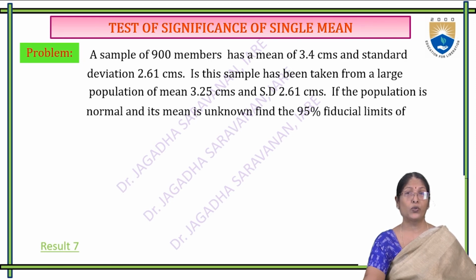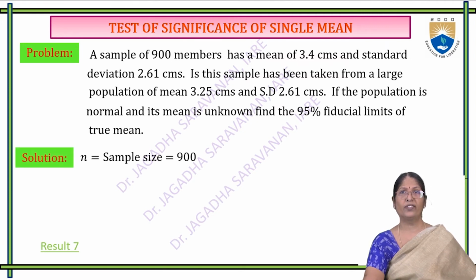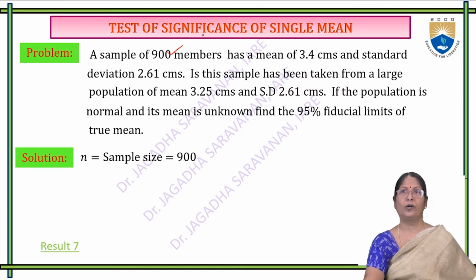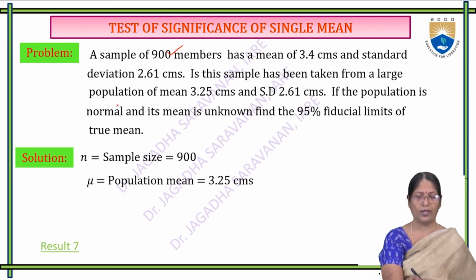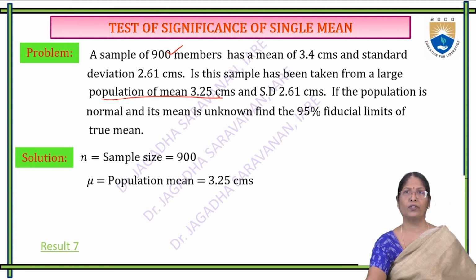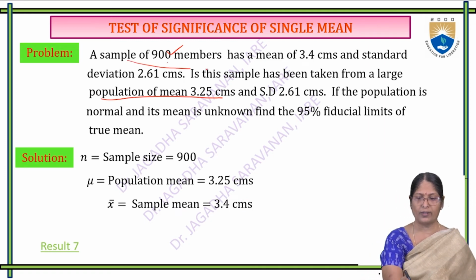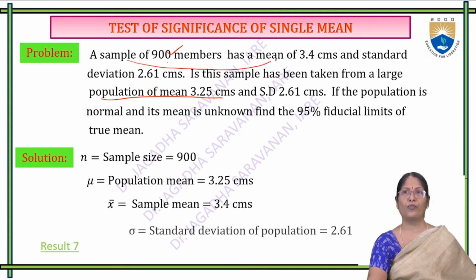The population is normal and its mean is unknown, and they ask us to find the 95% limits. So n equal to 900 members, mu equal to population mean, clearly given as 3.25, and sample mean is 3.4.